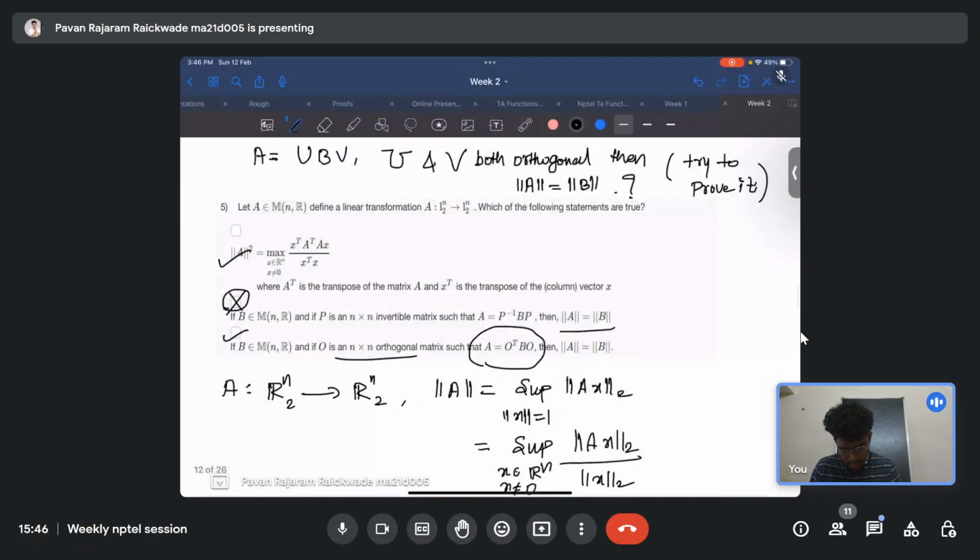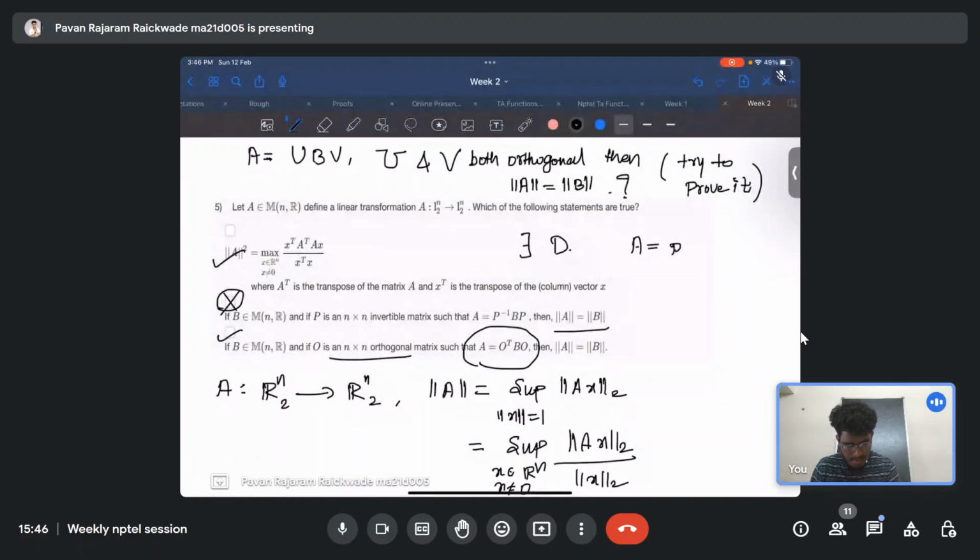There exists a diagonal matrix D such that A equals P inverse D P, for an invertible matrix P. This is the diagonalization of A, correct?